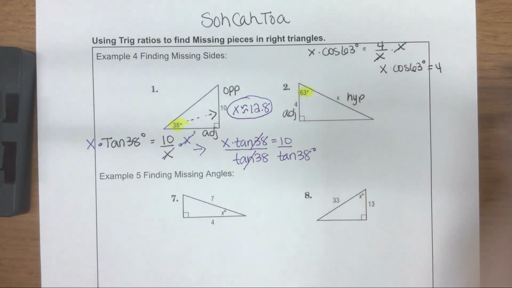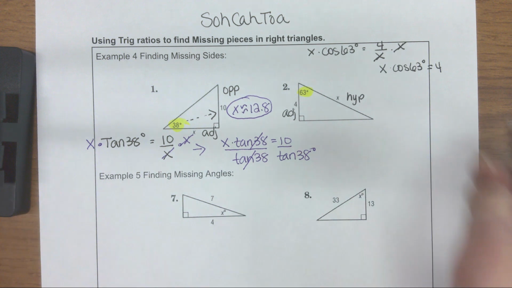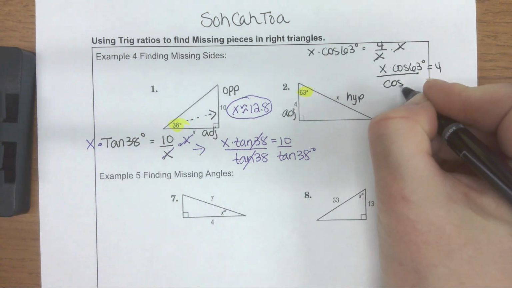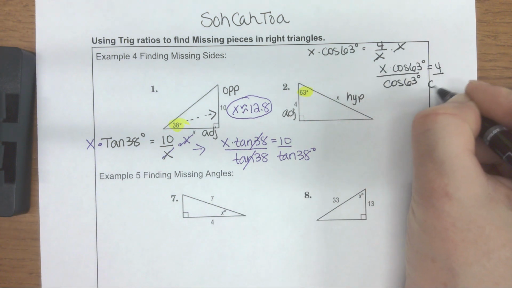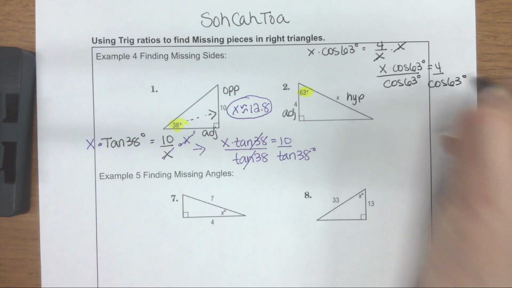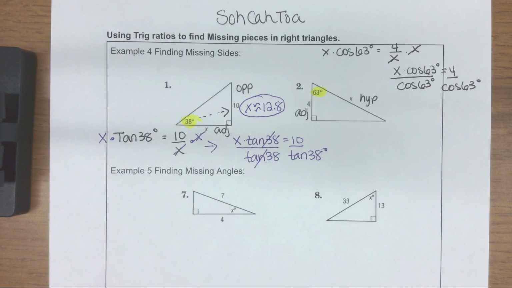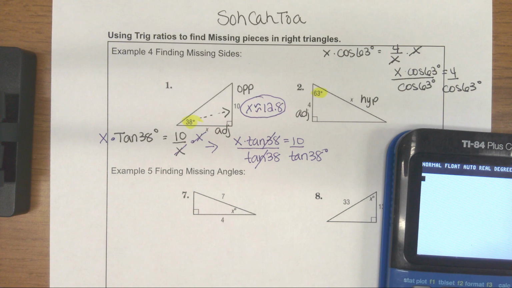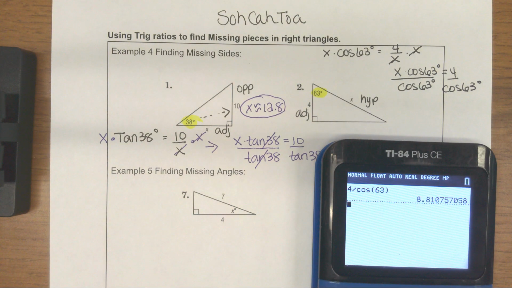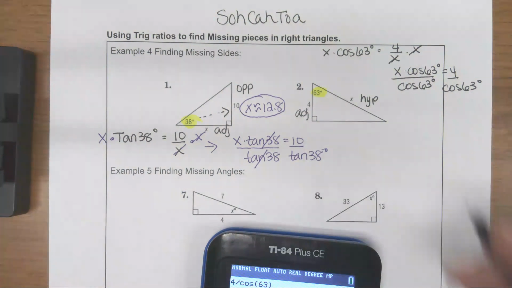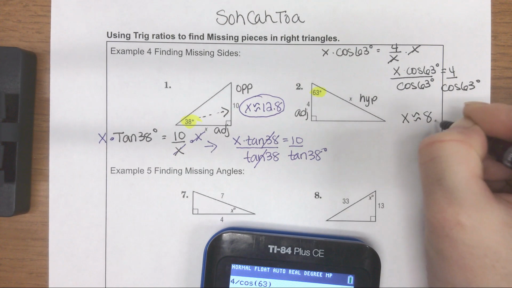To solve for x, then we would divide by cosine of 63. I got 8.8. Okay.